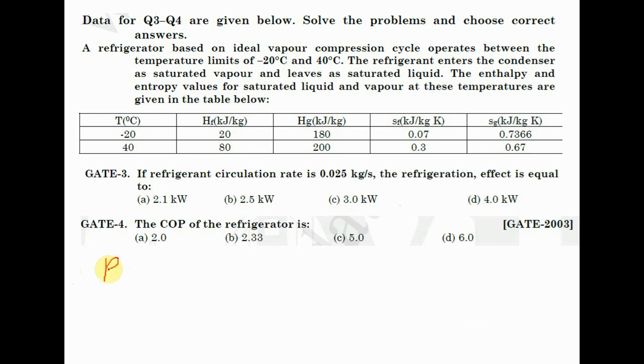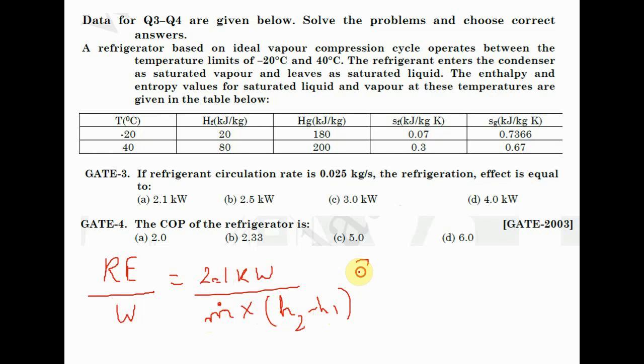COP is nothing but the net refrigeration effect upon the work input. The refrigeration effect you already calculated, equal to 2.1 kilowatts, and the power input is equal to mass flow rate times H2 minus H1. So 2.1 kilowatts upon mass flow rate 0.025 times H2 minus H1.